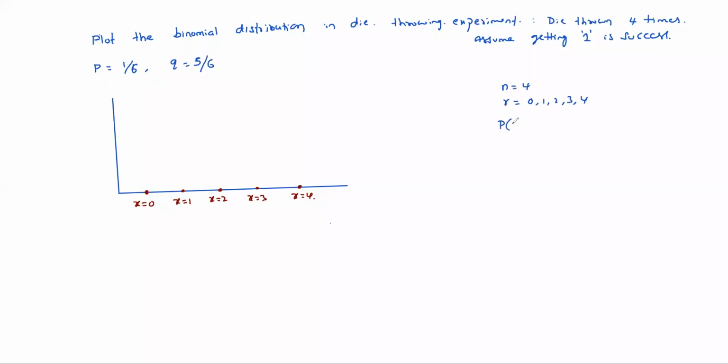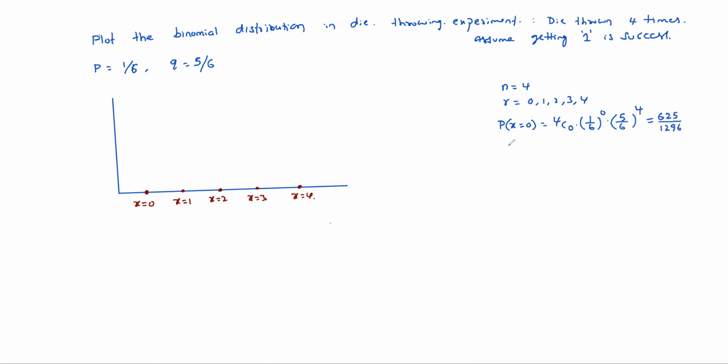So probability of x equal to 0 is nCr, 4C0, p is 1 by 6 power 0, 5 by 6 power 4, which is equal to 4C0 is 1, 1 by 6 power 0 is 1, 5 by 6 to the power of 4. That is 625 by 6 to the power of 4, 36 into 36, 1296.